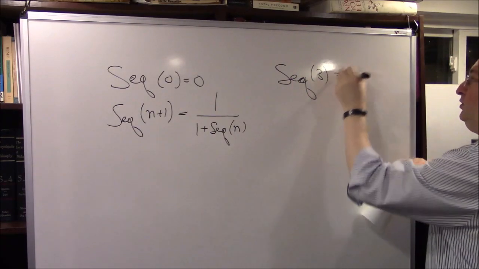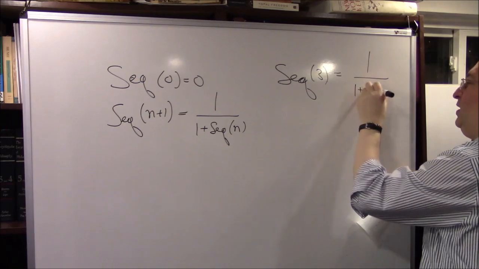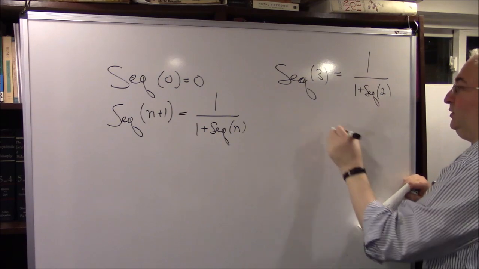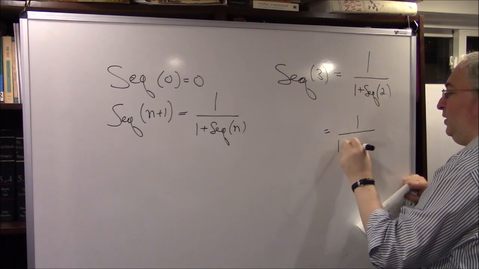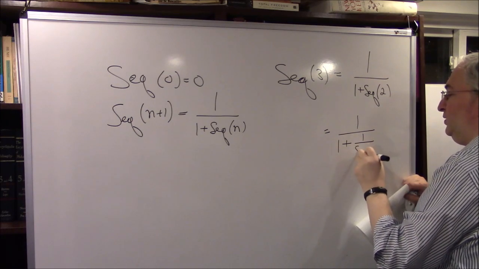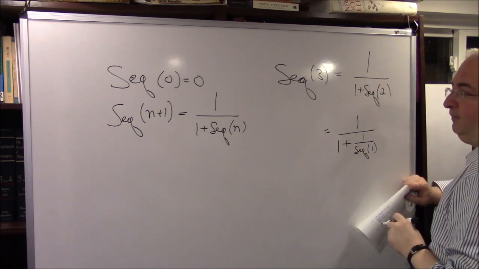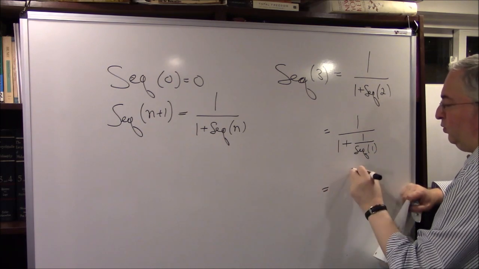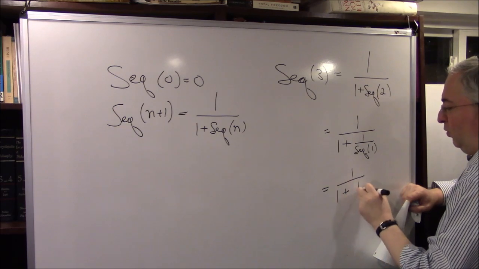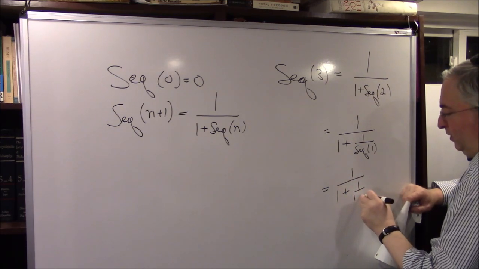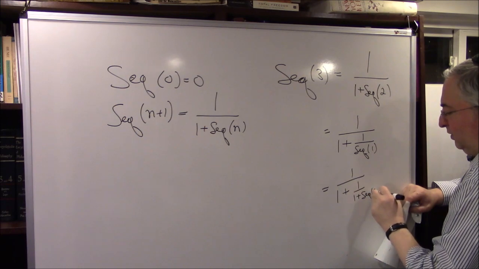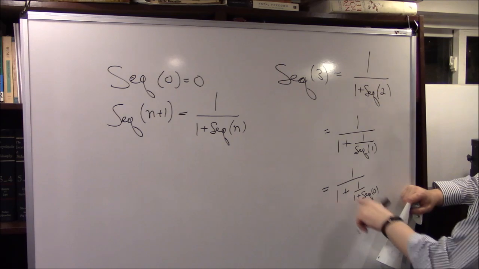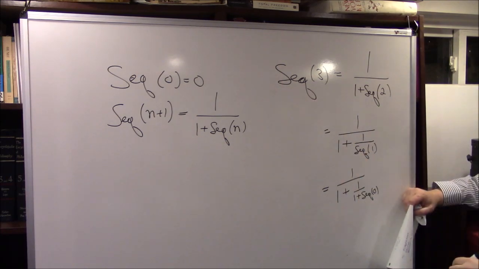This is equal to 1 over 1 plus sequence of 2. What's sequence of 2? So this is equal to 1 over 1 plus 1 over 1 plus sequence of 1. Fine. What's sequence of 1? So this is equal to 1 over 1 plus sequence of 0. Okay, what's sequence of 0? That's 0.